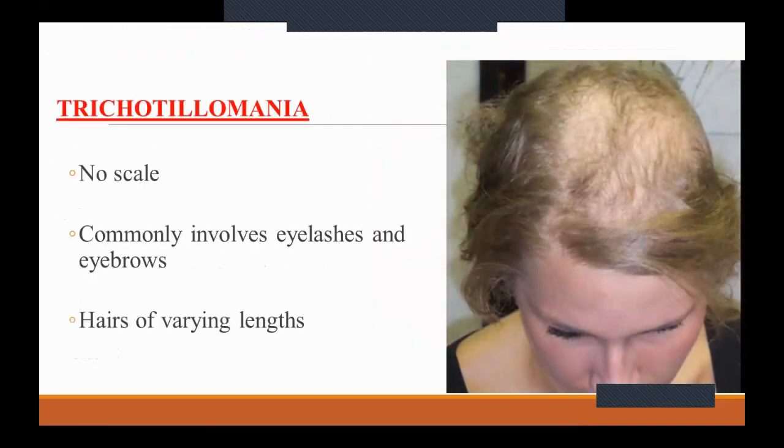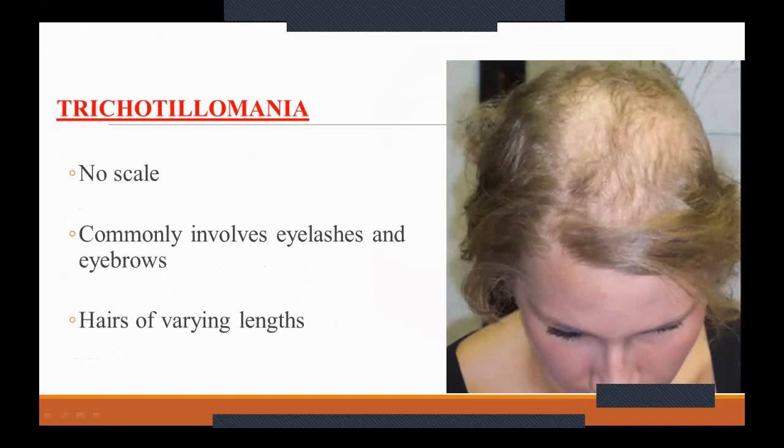And this is a case of trichotillomania. Trichotillomania is alopecia or baldness occurring due to pulling of the hair by the patient. Either conscious or unconscious pulling of the hair by the patient might lead to trauma to the hair. And we see these patients, they have unequal hair.